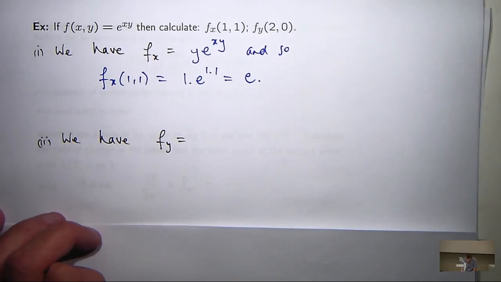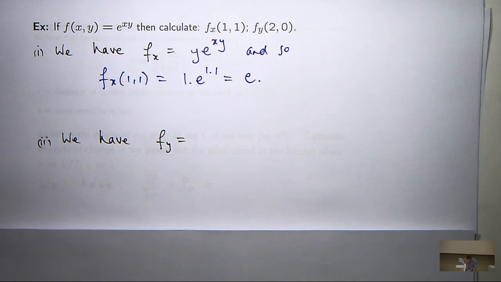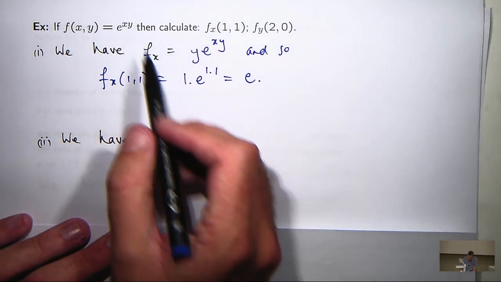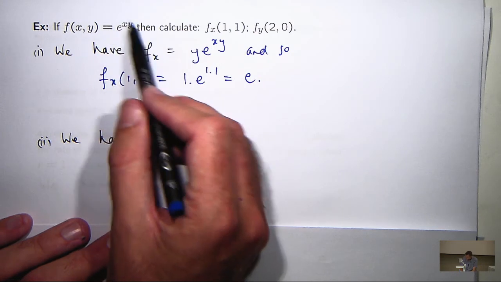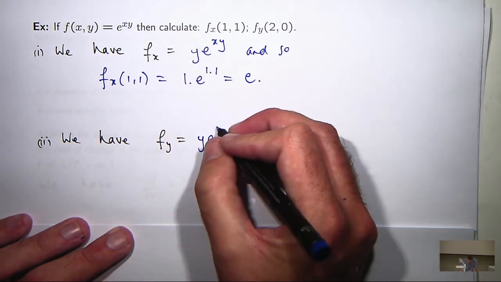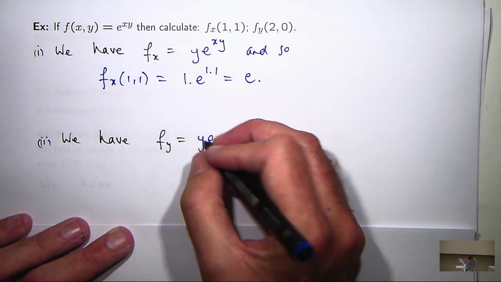okay, so for the second question, we're asked to calculate the partial derivative df dy at a certain point. So what's f sub y going to be? Well, imagine x is a constant and differentiate normally with respect to y. So f sub y equals x e to the xy.